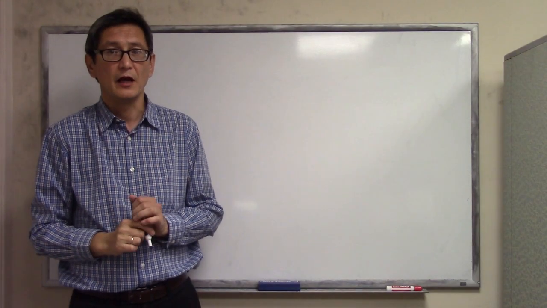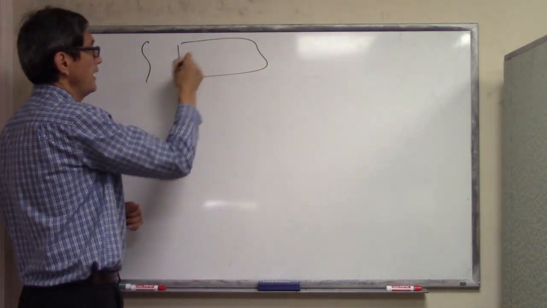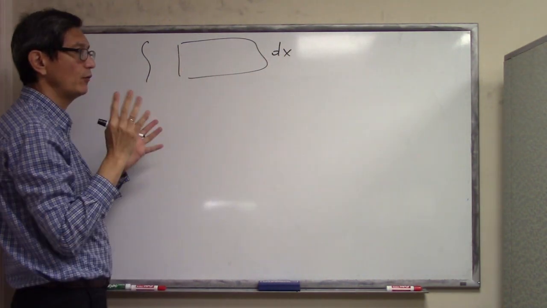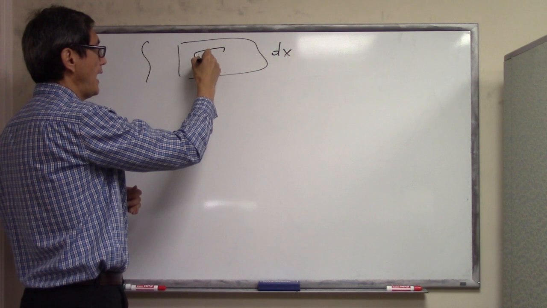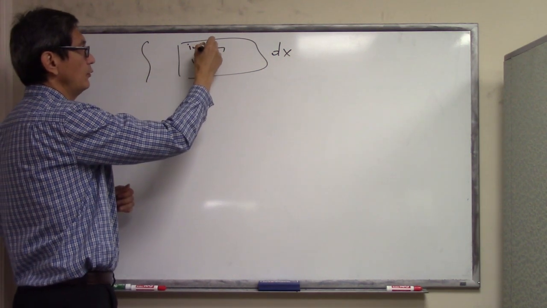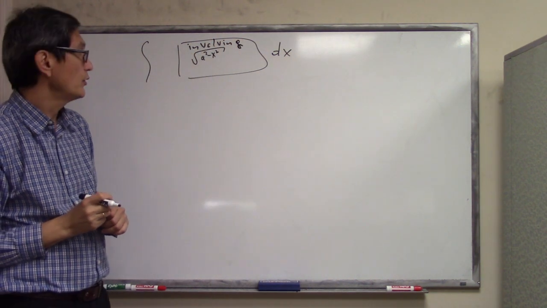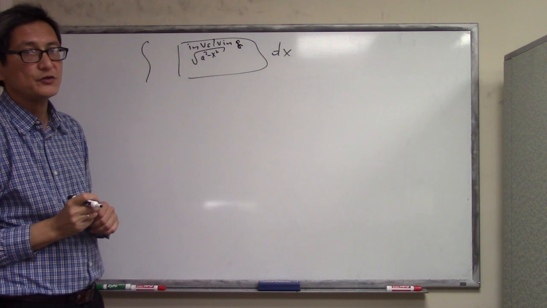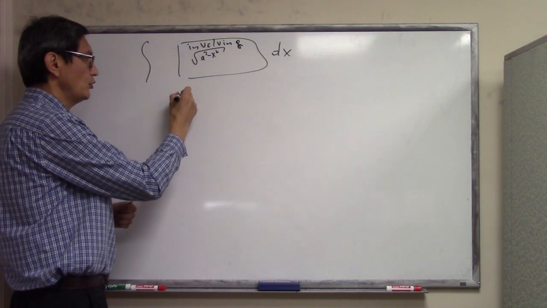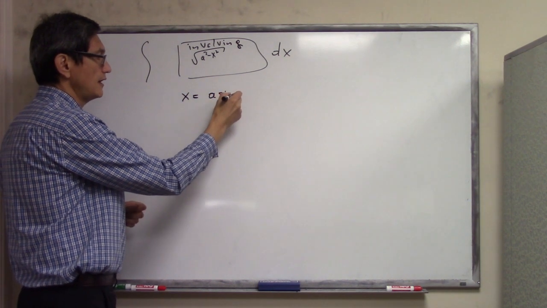To summarize, if we have an integral whose expression involves the square root of a squared minus x squared, we try to do a trig substitution: x equals a sine theta.